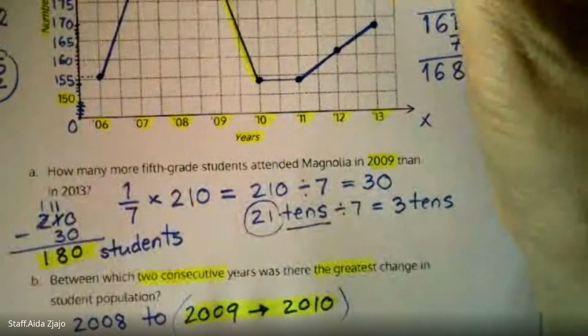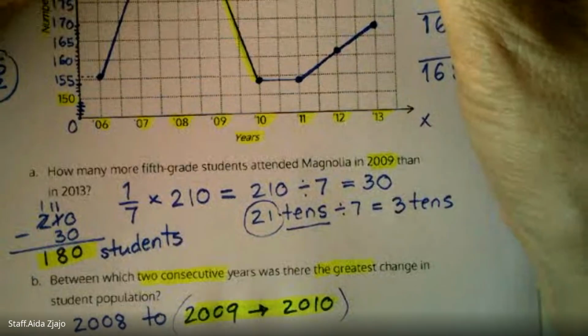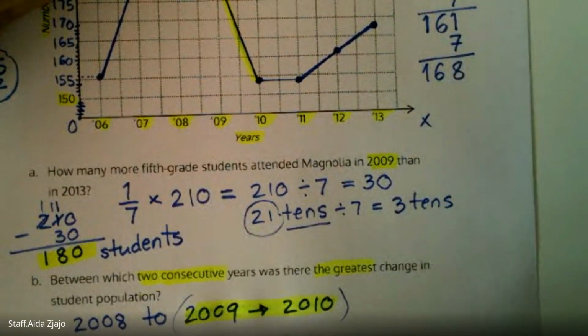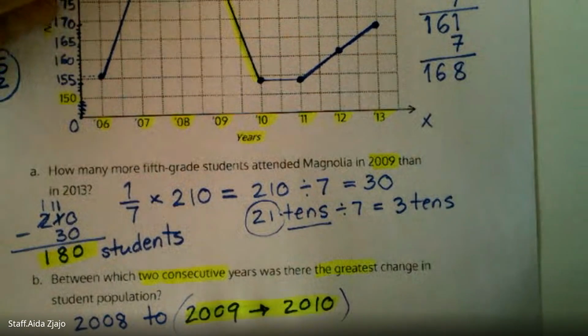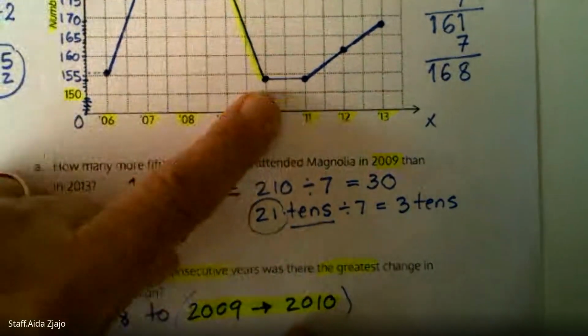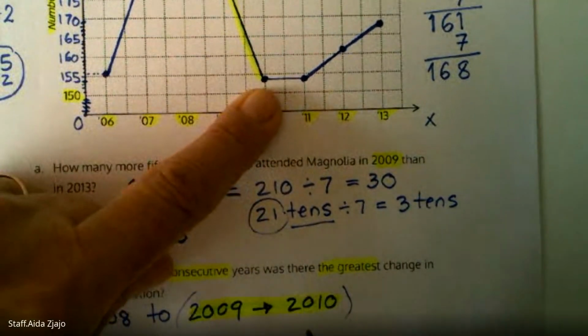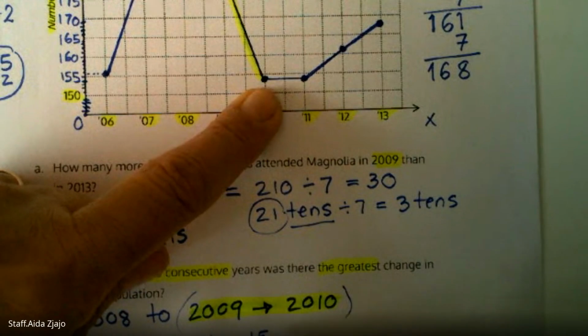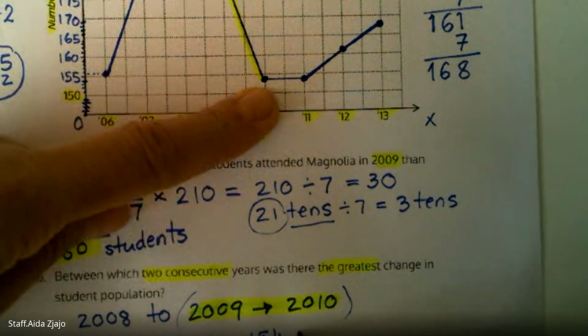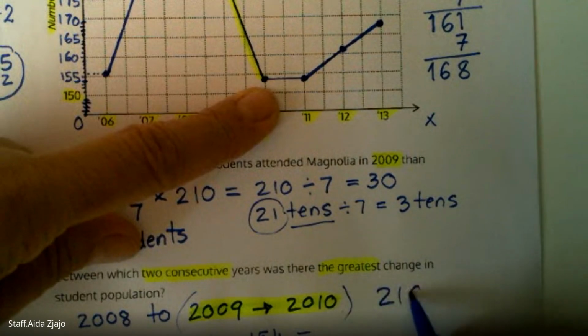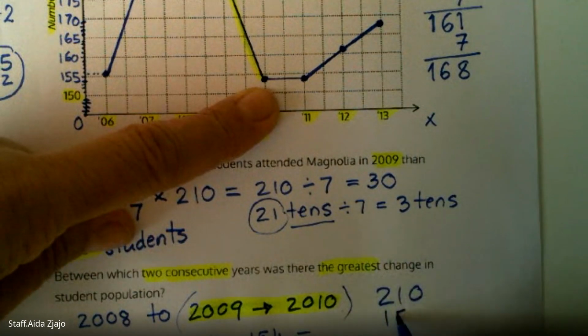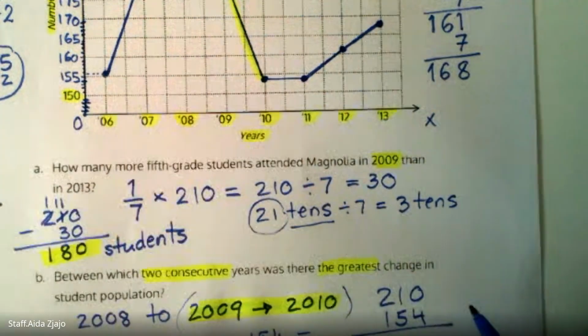You can see it was from 210 and it goes back to 154. So we can calculate 210 minus 154.